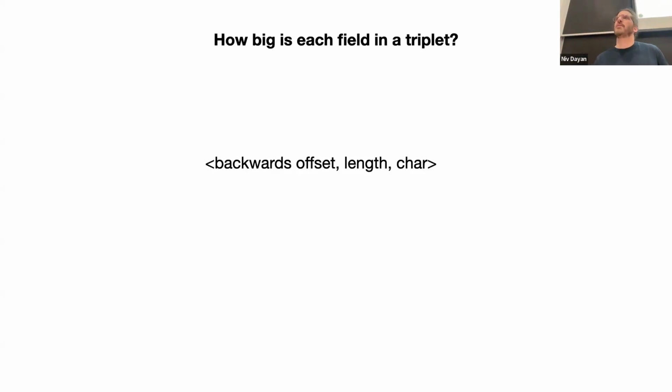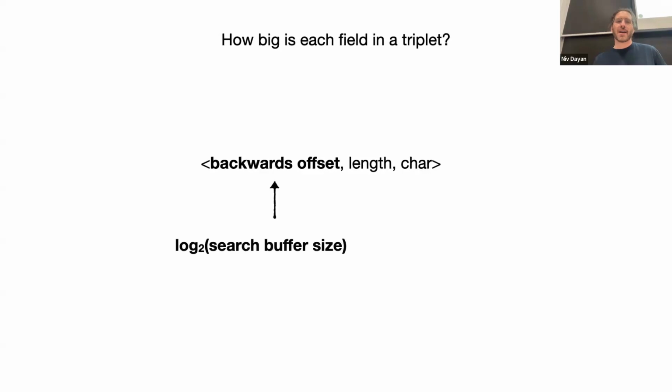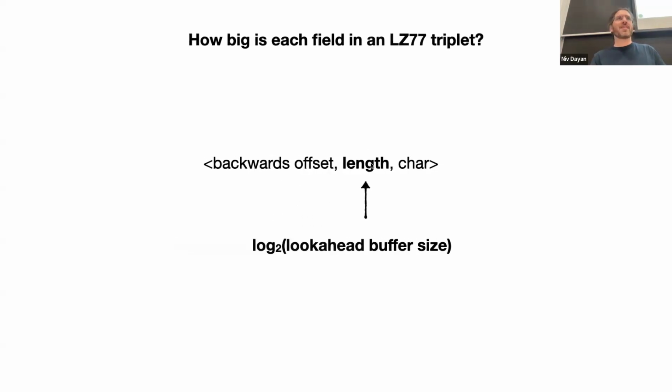Okay, so they could be a little bit smaller. In fact, the number of bits you need for each one of them is log base 2 of the search buffer size. That's the number of bytes you're going backwards, right? We're in compression land here, so we're trying to save space, so we just want this to be as small as possible. And the length is going to be equivalent to my look-ahead buffer size. Not too surprising.